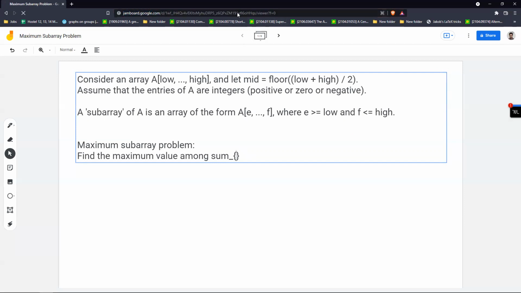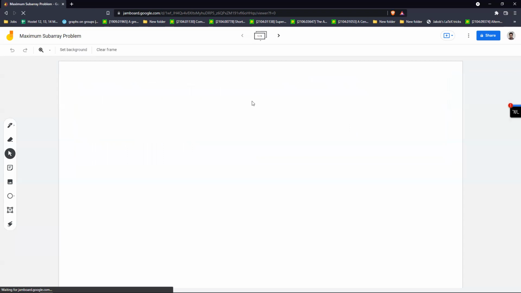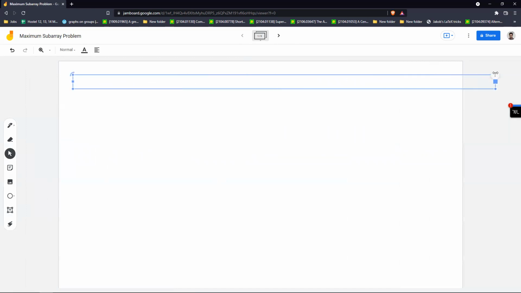Then let me just reload this. Oh, where did it go? Very interesting. Okay, anyways.